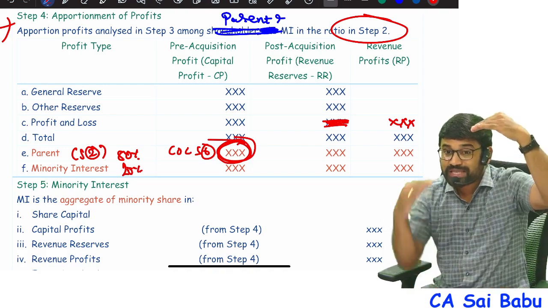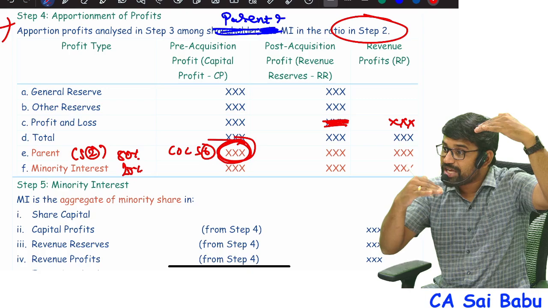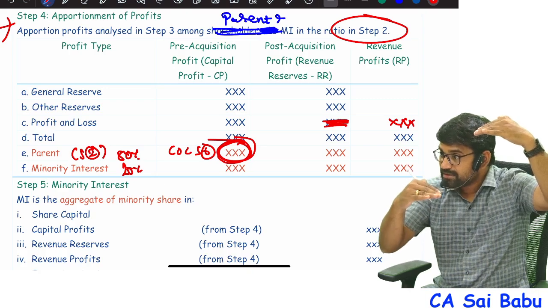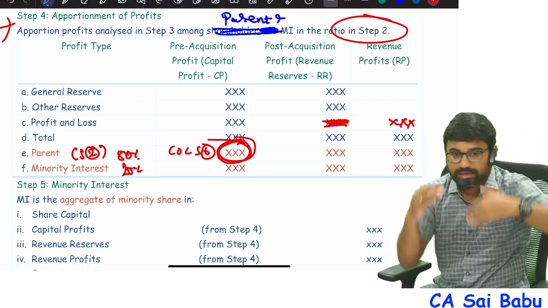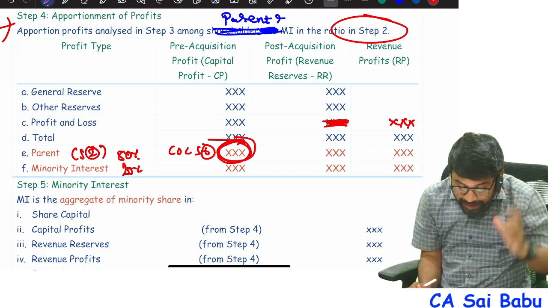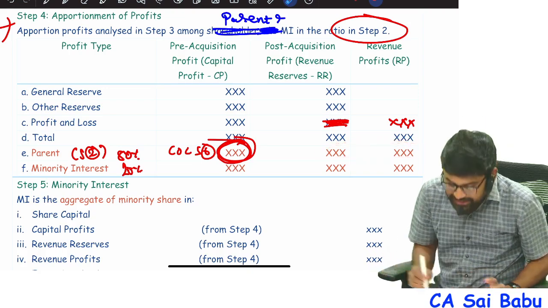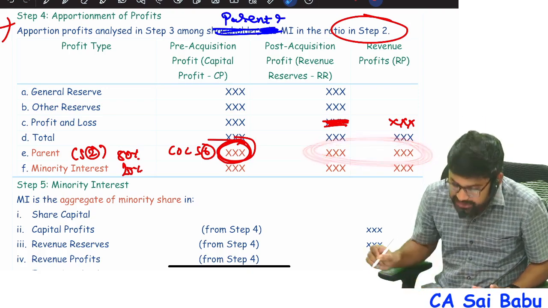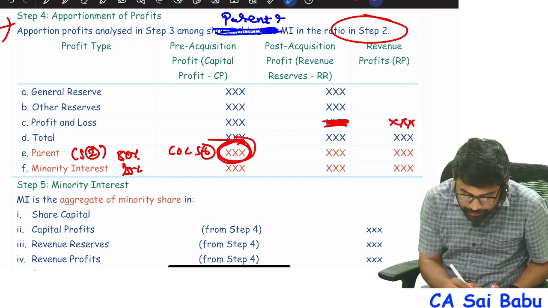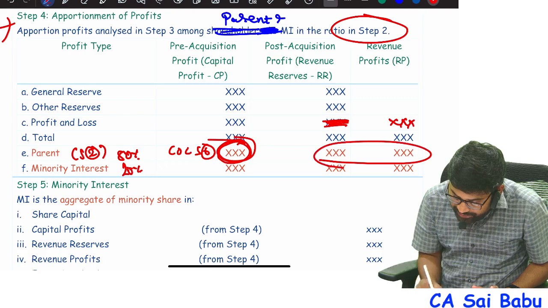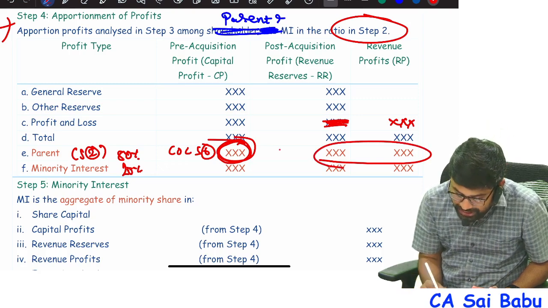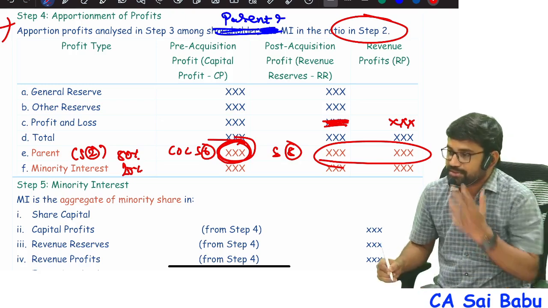So, parent company share in the pre-acquisition profits is adjusted to cost of investment. Cost of investment is compared with the parent company share in the net assets of subsidiary. The difference is goodwill or capital reserve. And parent company share in the post-acquisition profits of subsidiary, see this, these are post-acquisition profits. Understand, parent company share in the post-acquisition profits, what we need to do is add them to the parent company reserves in step number 8.